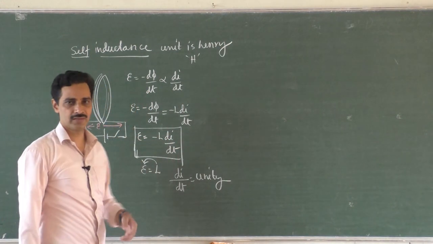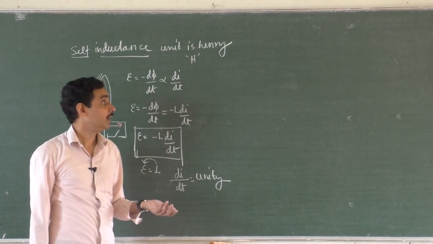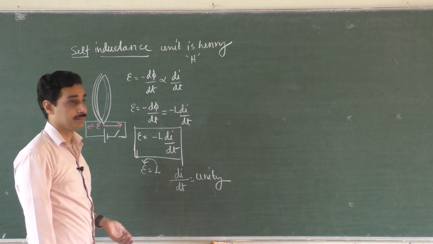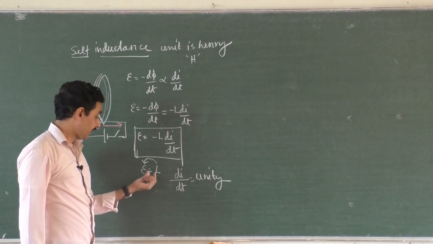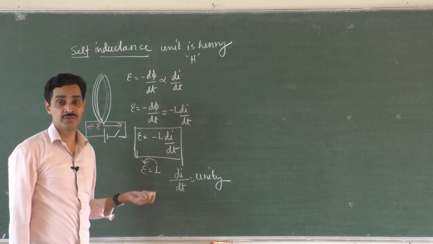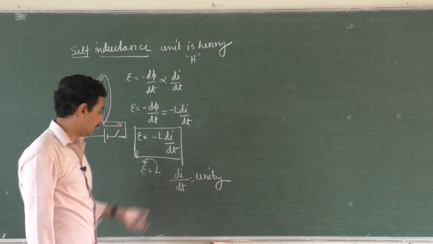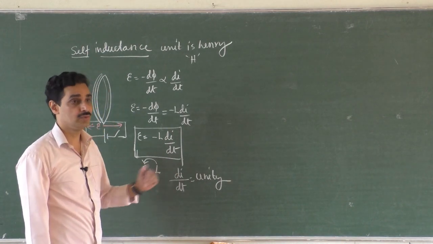Since it is the name of the scientist, we write capital H as the symbol and the full name Henry in small letters.